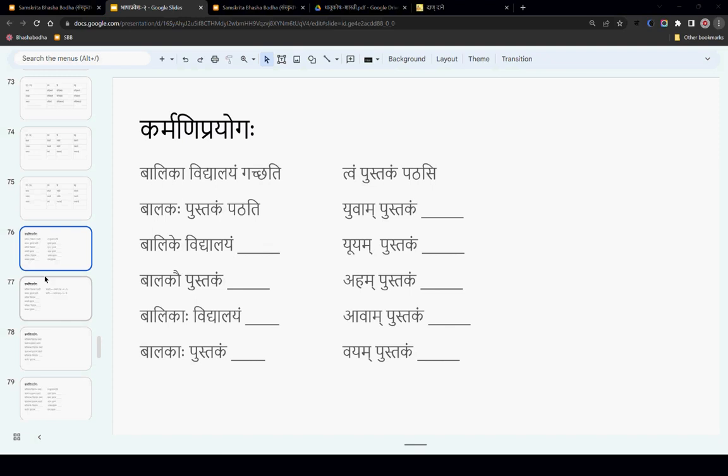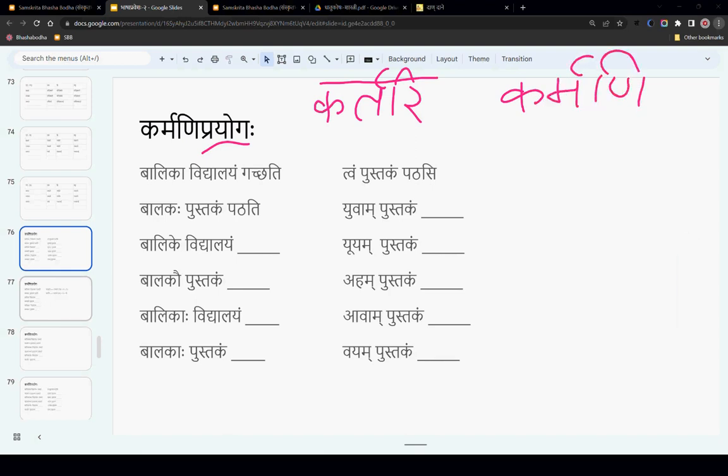The literal meaning of prayoga is usage. Kartari and karmani are in saptami bhakti, right? Kartari: kartru padasya saptami bhakti kartari; karma padasya saptami karmani.